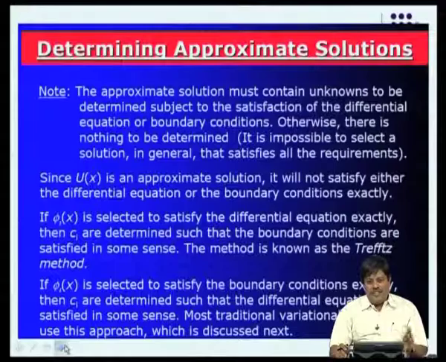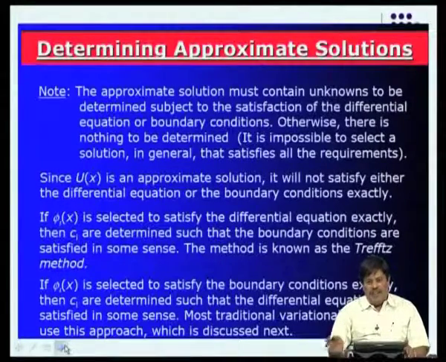If phi of x is selected in such a way that it satisfies the differential equation exactly, then such a solution is called the Trefftz method. In the Trefftz method, the boundary conditions are not satisfied exactly, but only in an approximate sense.